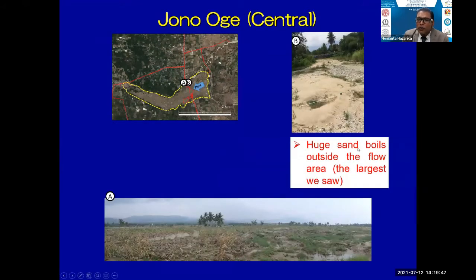We also observed some huge sandballs in the part which were intact, which were not damaged during the flow slides. This is about 2 to 3 meters diameter sandballs. As you can see from here, it's a very, very flat area. It's not sloped ground.